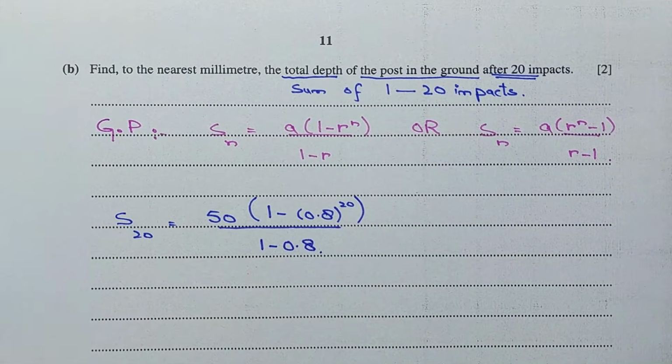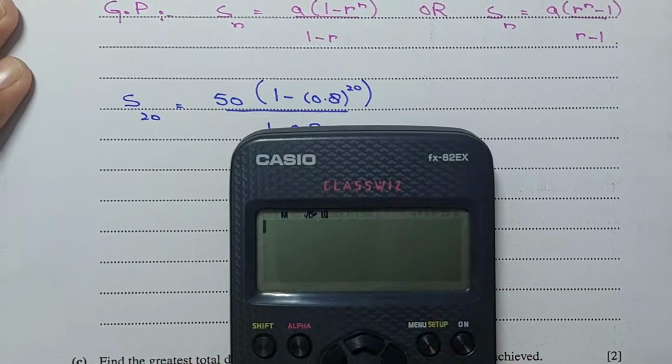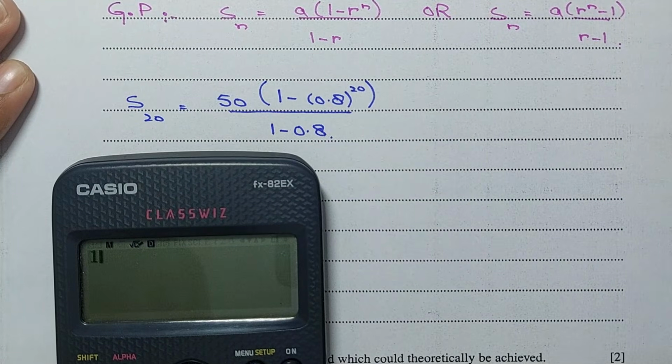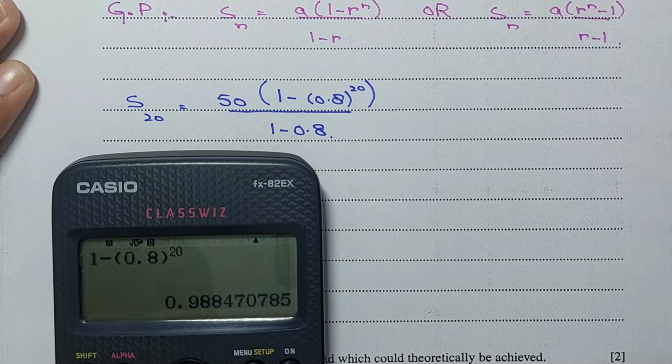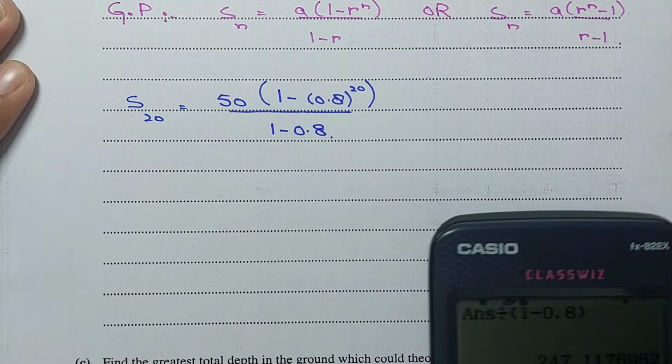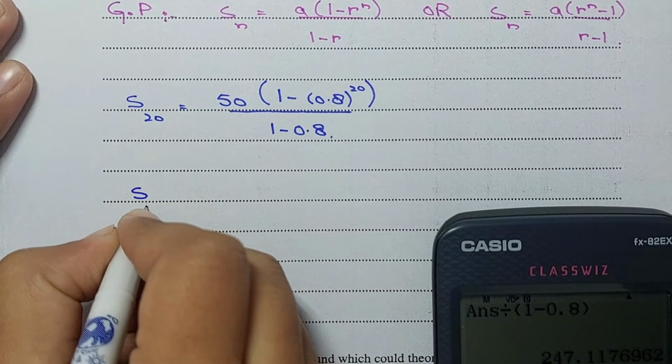Let me simplify. 1 minus 0.8 to the power 20 multiplied by 50 and divided by 1 minus 0.8 gives 247 millimeter to the nearest millimeter.